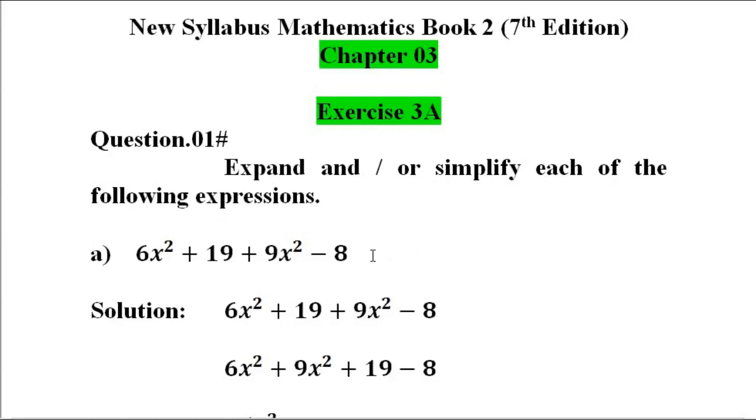We have 4 terms in this expression: positive 6x squared, positive 19, positive 9x squared, and negative 8. I'll combine positive 6x squared and positive 9x squared because both of these terms are like terms with the same variable x and the same power. When we combine like terms, we add or subtract the coefficients, the numbers in front of variables.